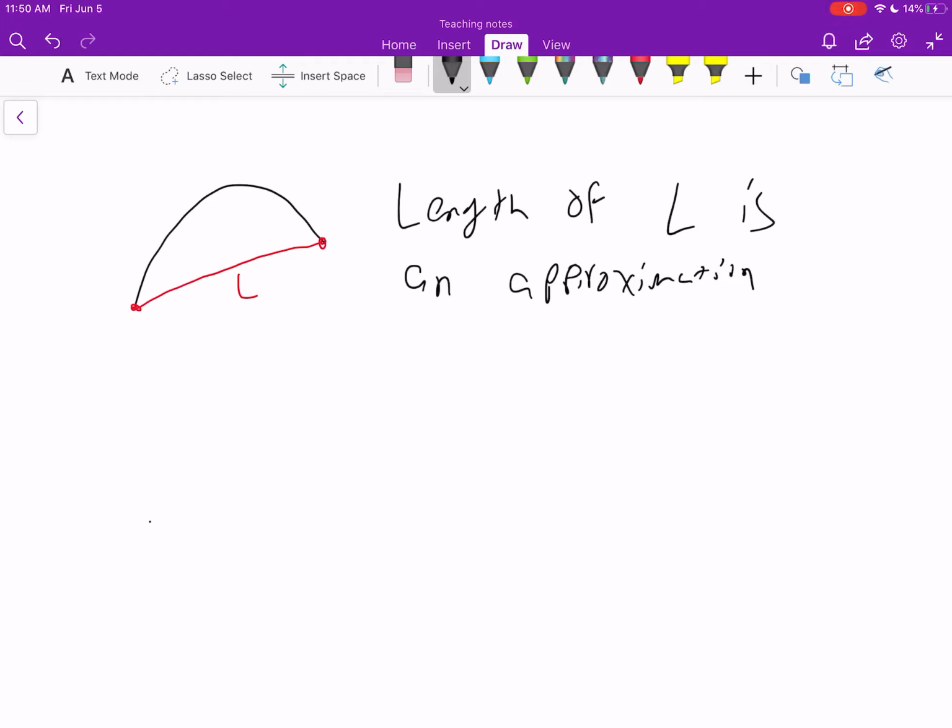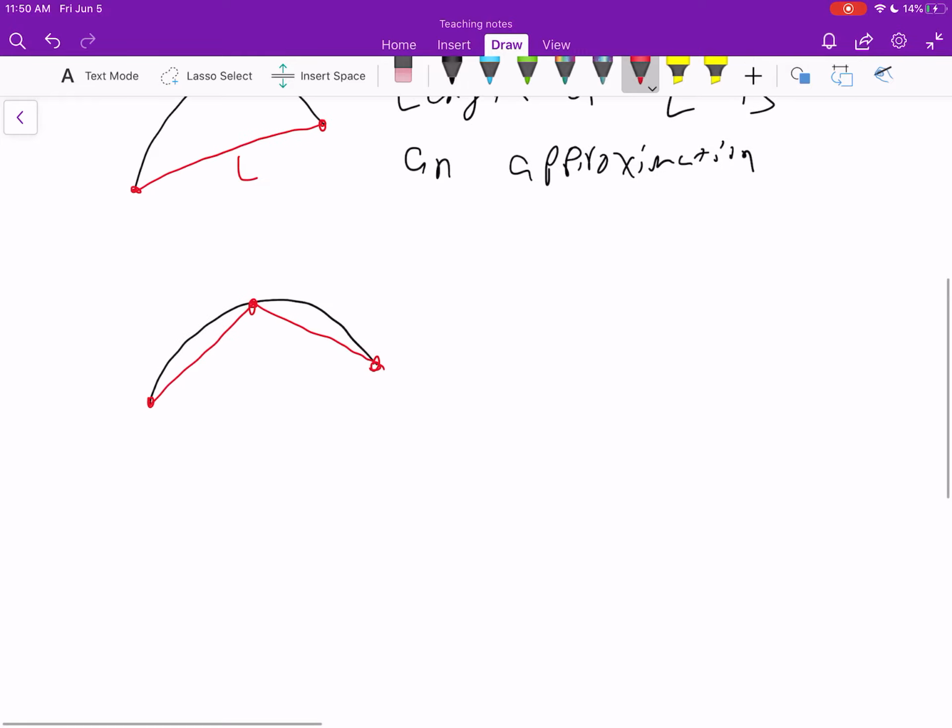And we can keep doing that. If I have the same curve, instead of using the two endpoints, I can bisect it, so cut it in two, find the length of this line, find the length of this line. That's going to give me a better approximation. Now I have 2 lines here, and I can keep going.